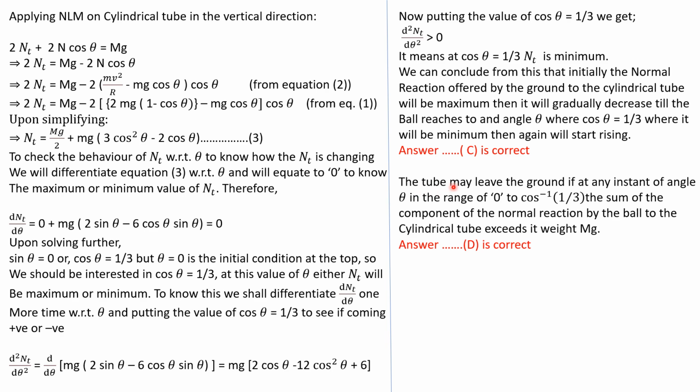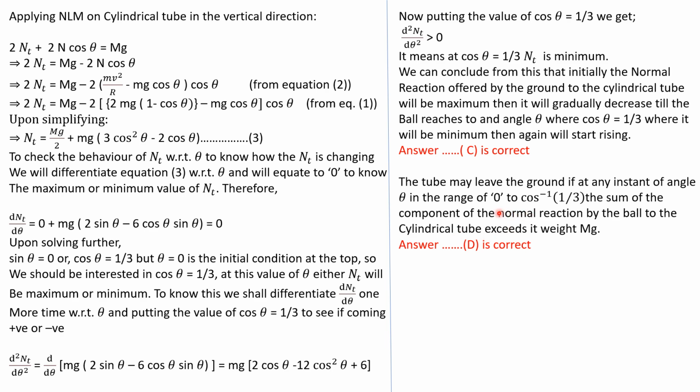Now, the tube may leave the ground if at any instant of angle theta in the range of 0 to cos inverse 1 by 3, the sum of the vertical components of the normal reaction by the balls on the cylindrical tube exceeds its weight mg, the total weight mg. Why?